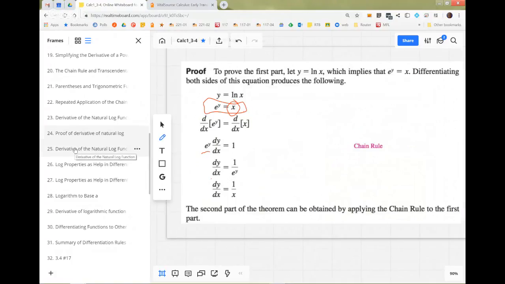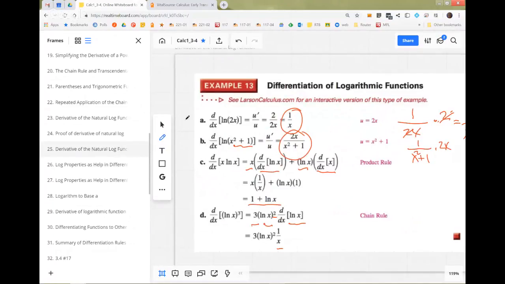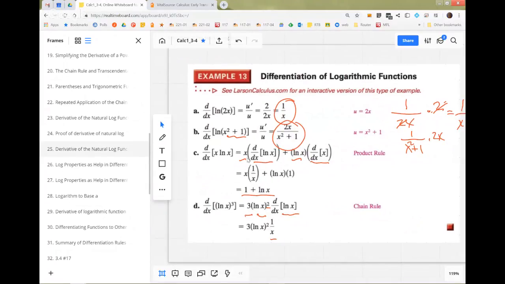Okay, so let's do a natural log problem. Sorry, this is marked up. Oh, it's ironic, I picked that exact problem that I was talking about a few minutes ago, the natural log of 2x. So we begin by taking 1 over 2x. Yeah, this is where my markings make more sense.